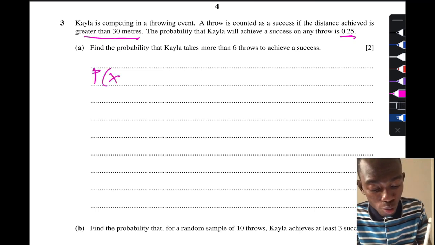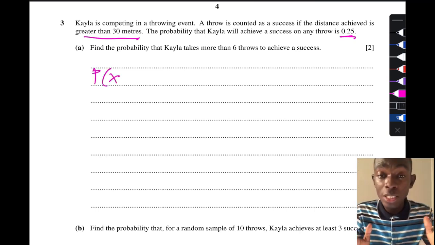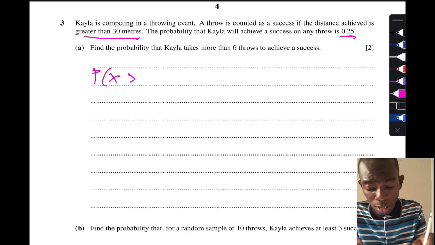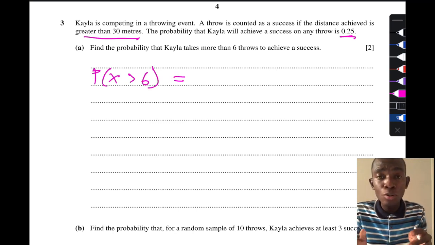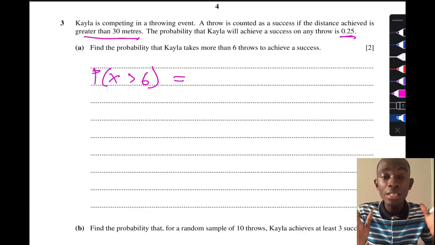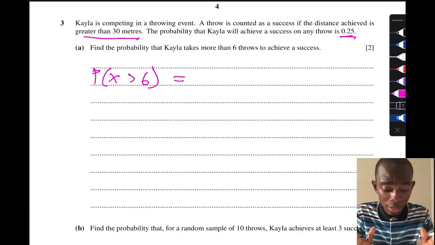In fact, this is similar to one of the questions that we've solved in there. So let's say that the throw follows a geometric, and then X represents the throws. Now she's going to have her first success when she throws more than 6. Well, that means that she might get the success on the 7th throw, okay? So that means that she's definitely going to fail about 6 times.